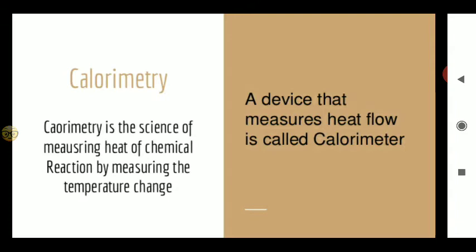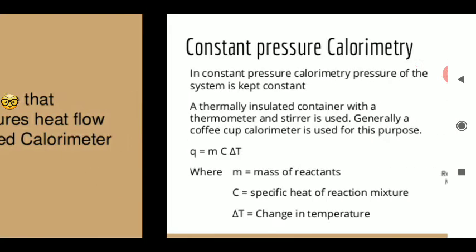So calorimetry is the science of measuring the heat of a chemical reaction by measuring the temperature change. A device that measures the heat flow is called a calorimeter. So now in this segment we are proceeding towards what is a calorimeter and what is calorimetry. The purpose of this branch of chemistry is just to measure the heat capacity.